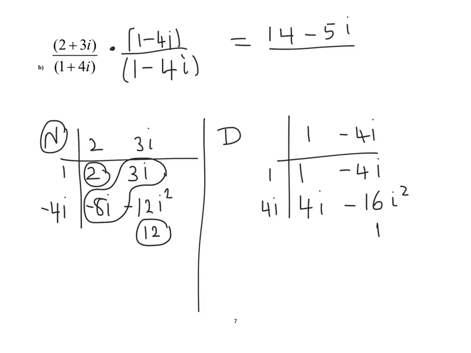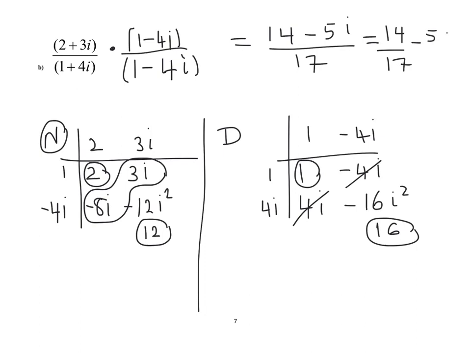And this is going to become 16 because i squared is negative 1, so this is gone, and we get 17. Another way of writing it is 14 over 17 minus 5i over 17, and that's the final answer.